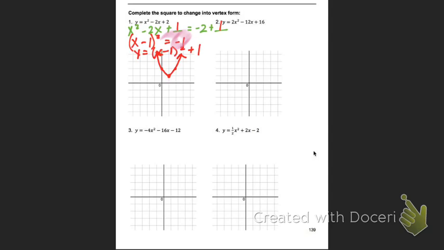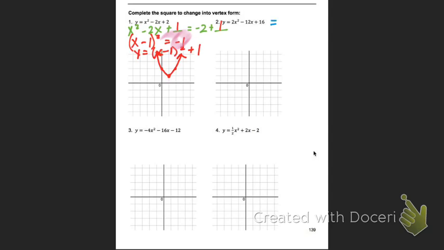Okay, now number 2. So for number 2, you want to divide everything by 2. At least it's all even. But here's what I'm going to show that you do. There's a 2 in front. Typically we would divide everything by 2 and that 2 would go away. I want us to rewrite it like we are just pulling that 2 out.